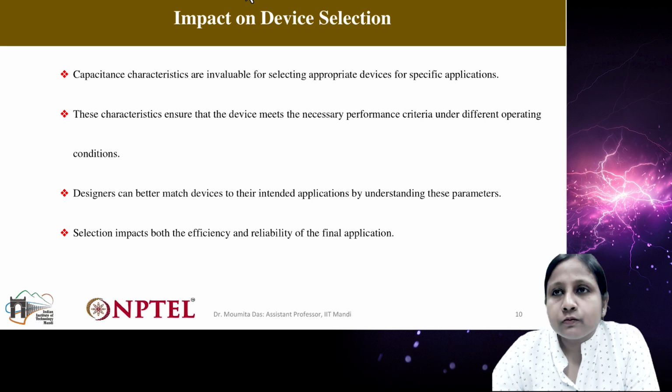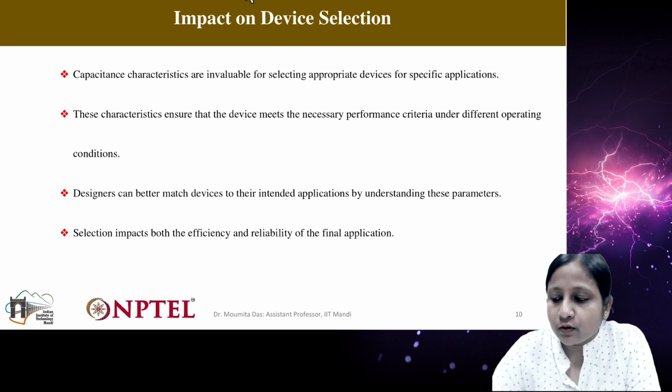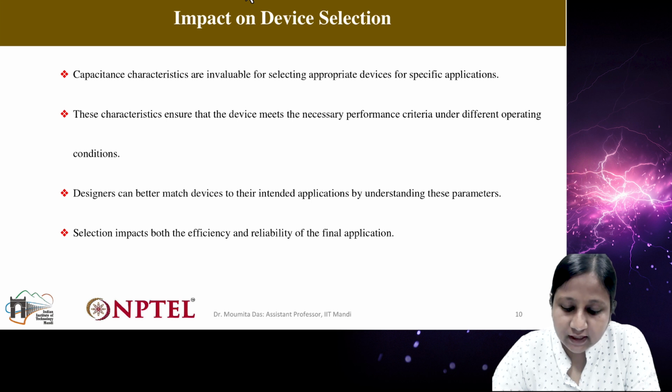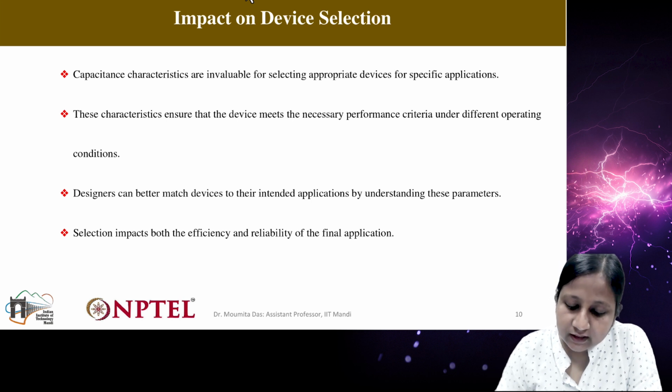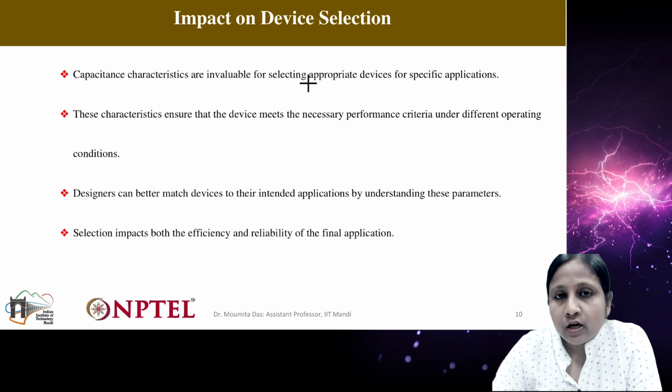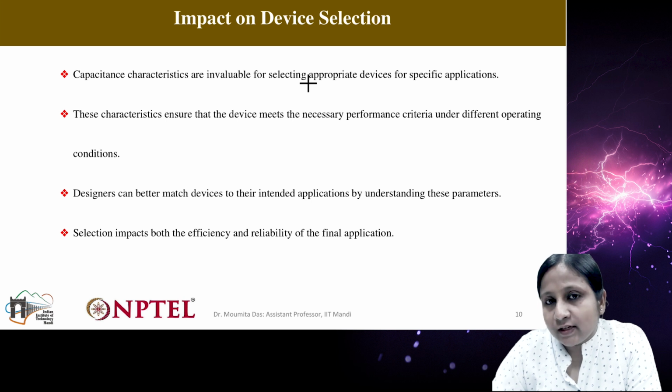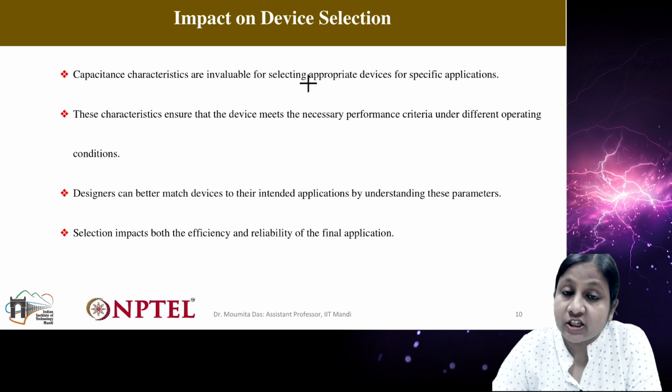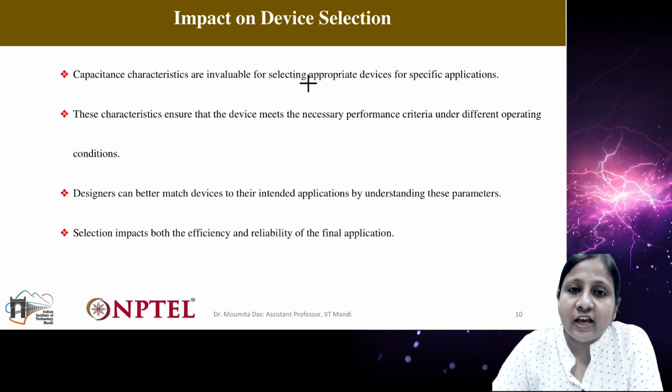So now how are these capacitances going to impact? Basically, these capacitance characteristics are invaluable for selecting an appropriate device for specific applications. Specific applications will have specific frequencies, and we also have to probably limit the value of the capacitance for certain applications. Devices of different materials, let's say silicon, silicon carbide and GaN, are all available at similar voltage levels.